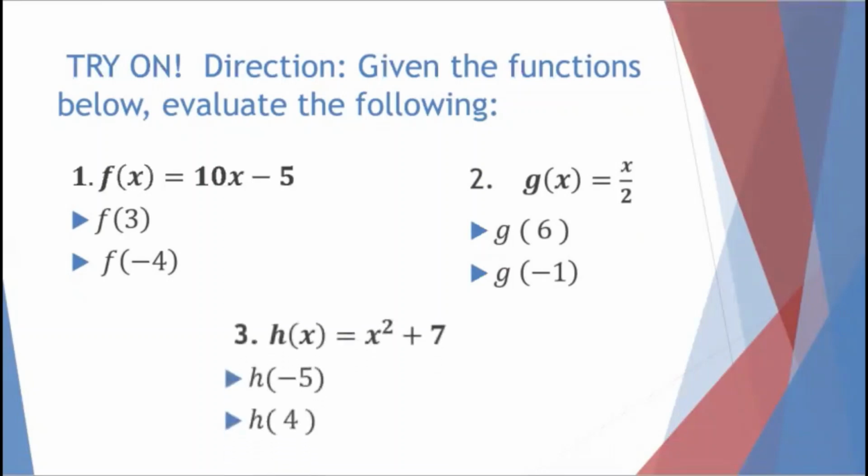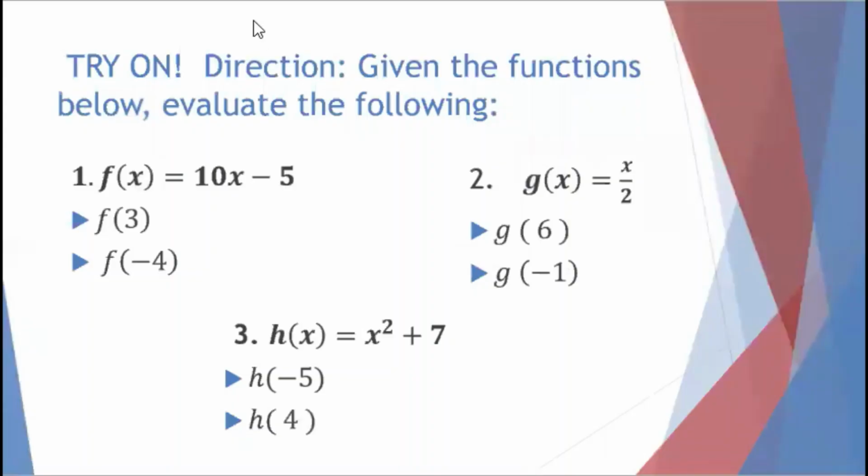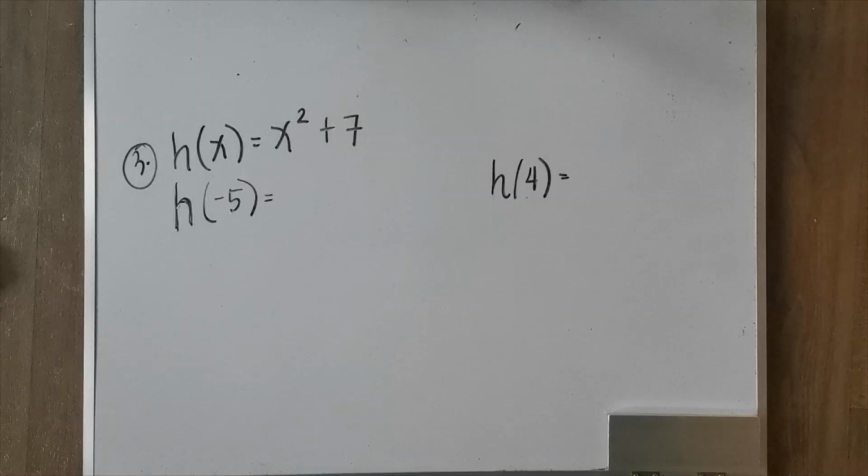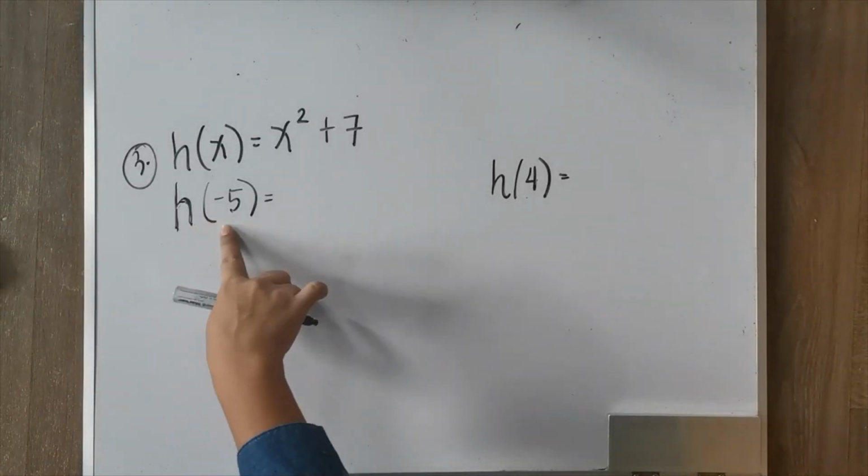Number 3, h of x equals x squared plus 7. Evaluate h of negative 5 and h of positive 4. Okay, for this third example, we have h of x, which is equal to x squared plus 7. Evaluate h of negative 5.